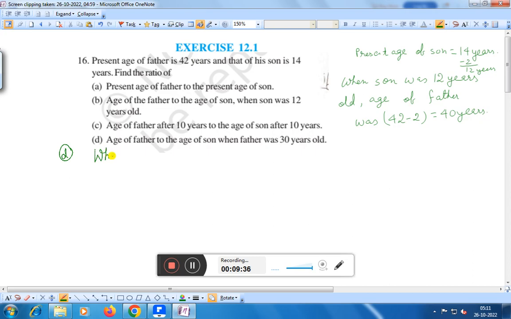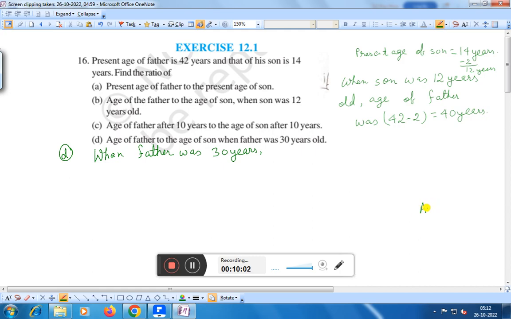That means when father was 30 years old, right?